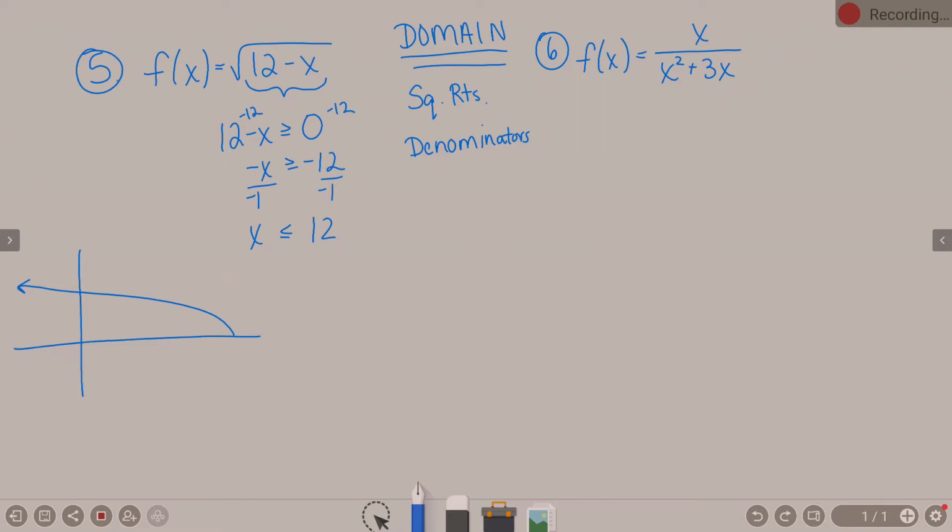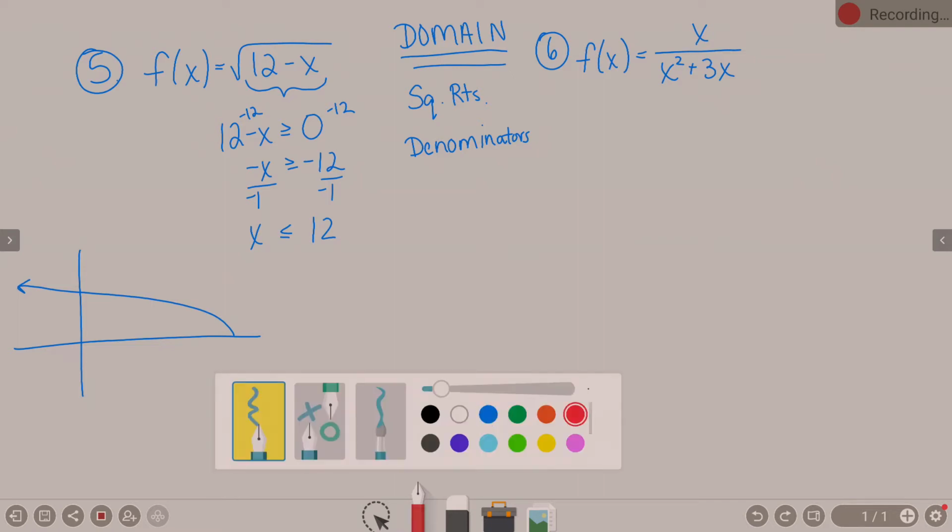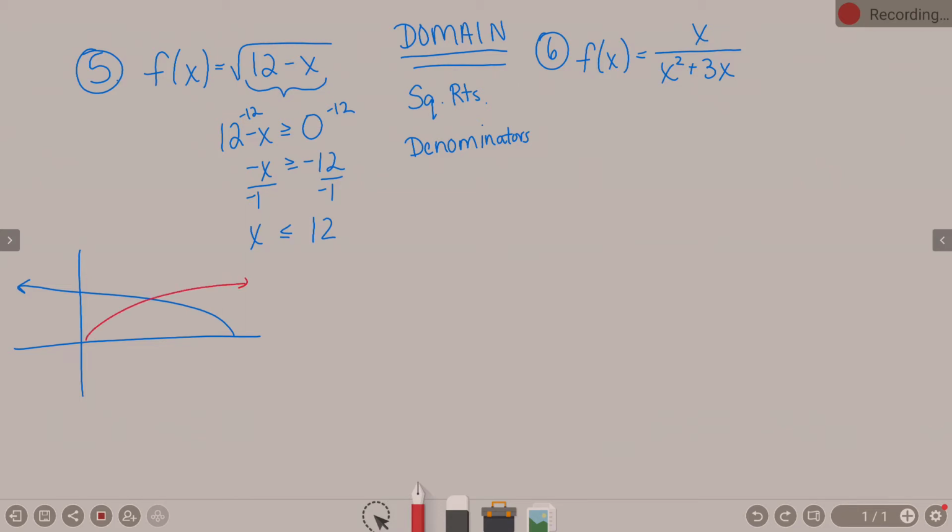Square root of x, right? The square root function normally starts at 0, 0, and it goes out there, doesn't it? However, the 12 has moved it to 12, the negative has reflected it, and so that's what this graph is. Now, I'm going to take that red one off there so it's not confusing.